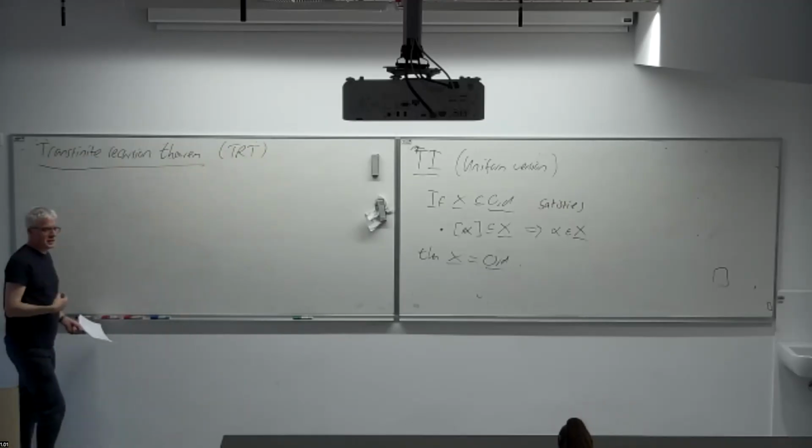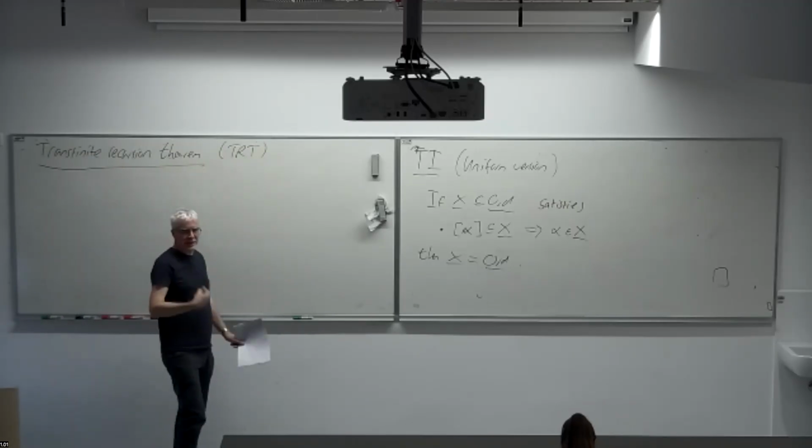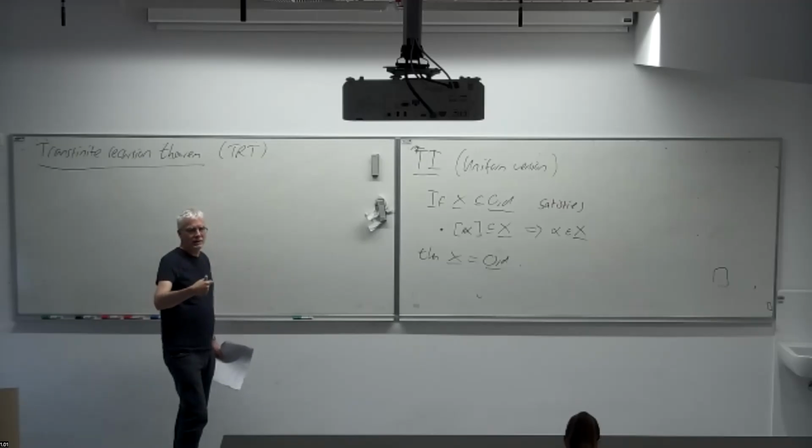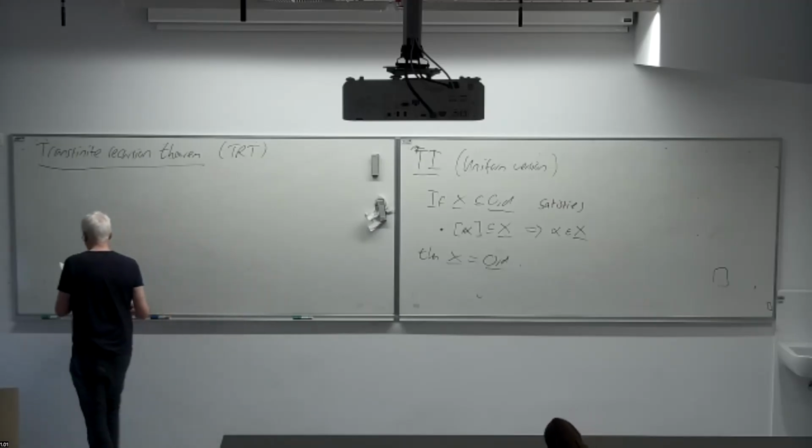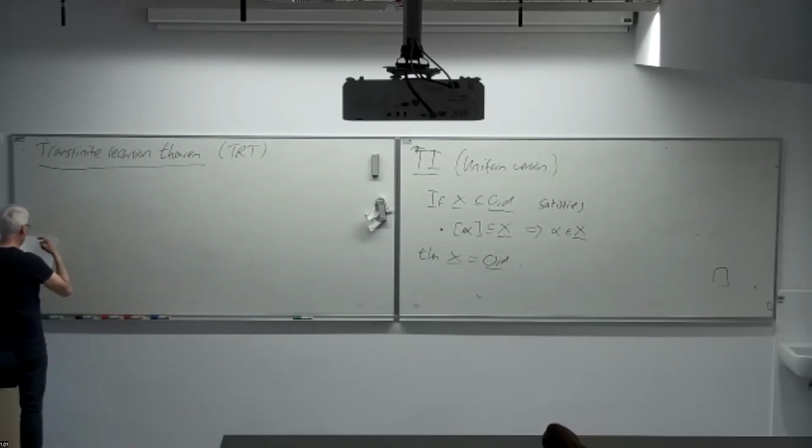And it's again going to say what data we need to specify on a set or a class, which is going to be the codomain of a function, in order to generate a function from the ordinals as domain to that class as codomain. So in that aspect, it's exactly analogous to the recursion theorem.